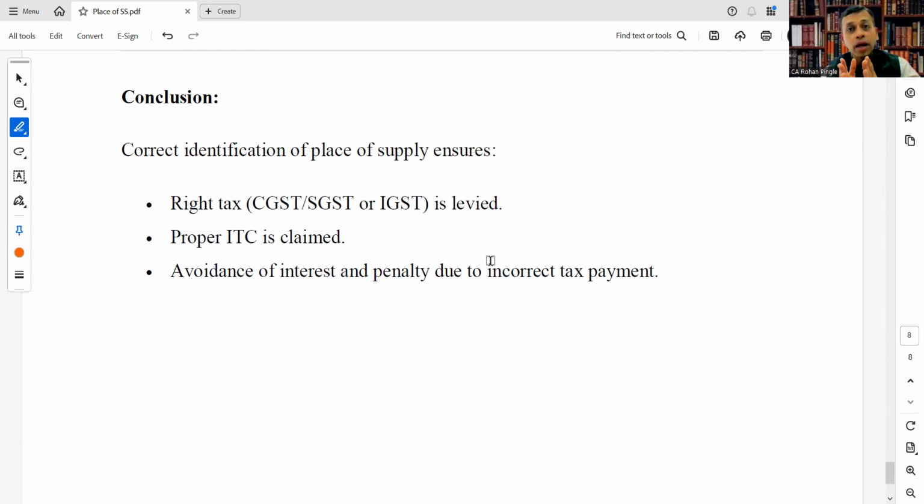If your place of supply goes wrong, then your ITC will also be denied in the future during assessment. So it also ensures avoidance of interest and penalty due to incorrect tax payment.